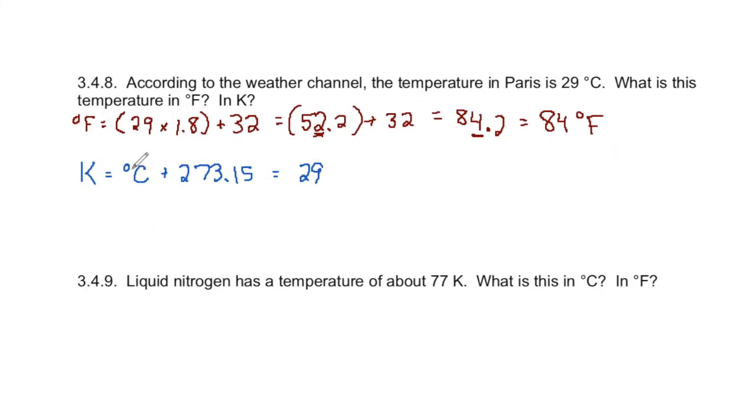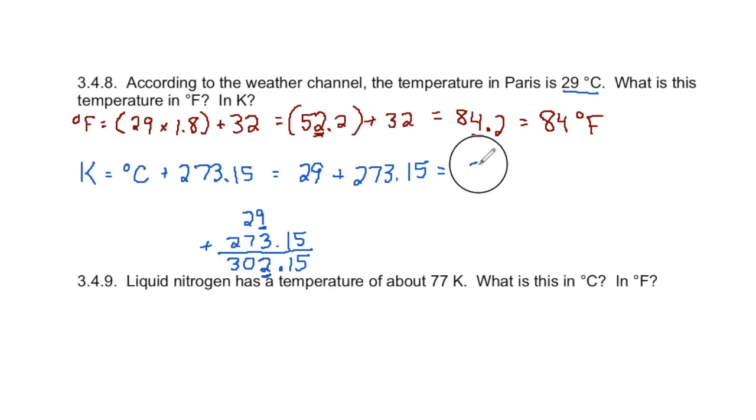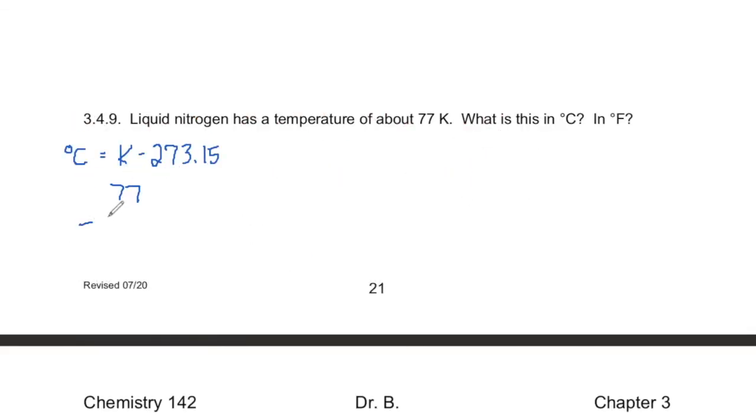So for the Kelvin, it's the degrees Celsius plus 273.15. So the degrees Celsius is the 29. When we add that, we get 302.15, known to the ones place. So that should be 302 Kelvin. Okay, so for this last one, we're starting with Kelvin.